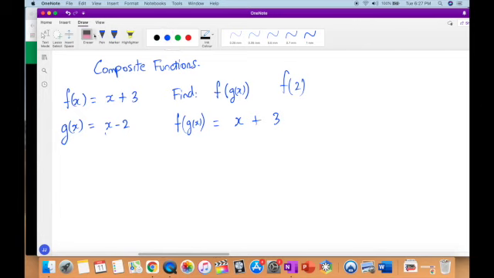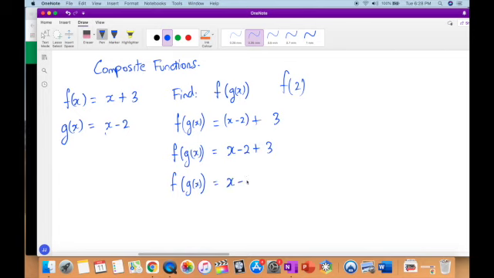So I'm gonna take this x and put the g of x here, x minus 2. So now the f of the g of x is equal to x minus 2 plus 3. Minus 2 plus 3 is plus 1, so I end up with x plus 1.